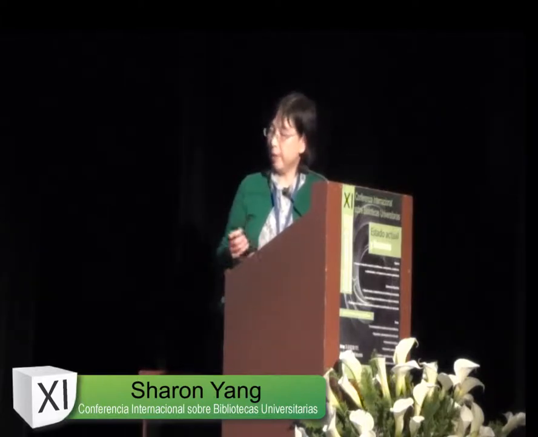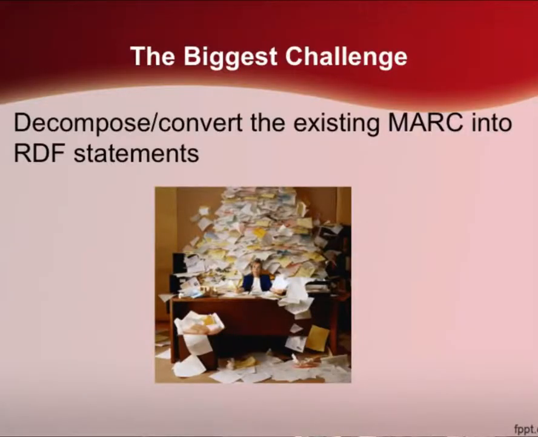So basically, this is a picture of a headache. What problem do we face now? The biggest challenge for this linked data probably lies in converting existing MARC records into RDF statements. The reason is MARC fields are marked by numbers, like 245 is title, but sometimes catalogers over the years may put other data into that field.